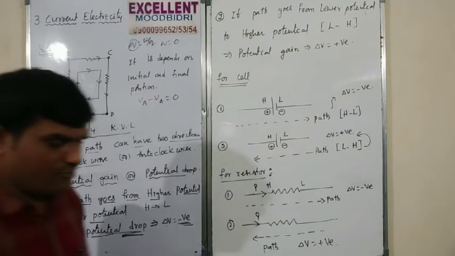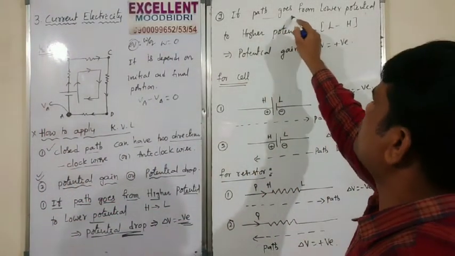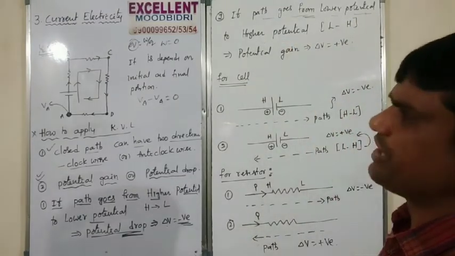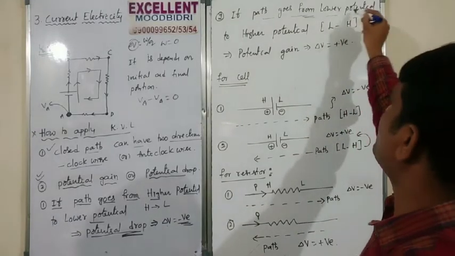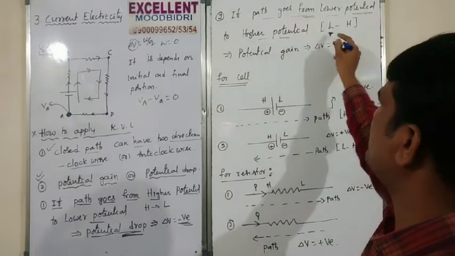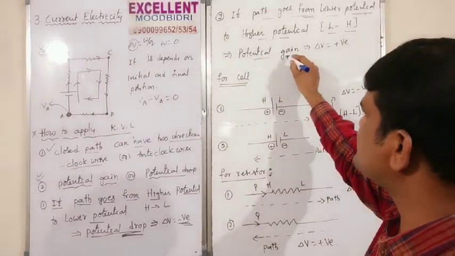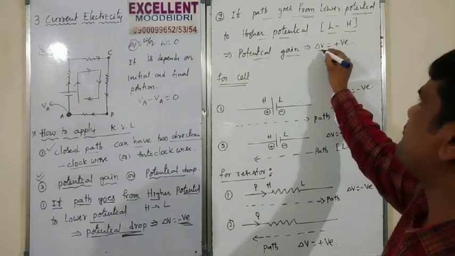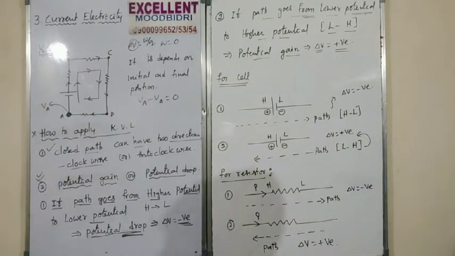Right? Second point. What is the second point? If the path goes from lower potential to higher potential, in that case, potential is a gain. So delta V is positive.